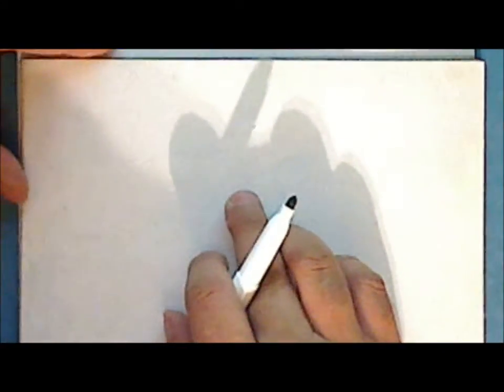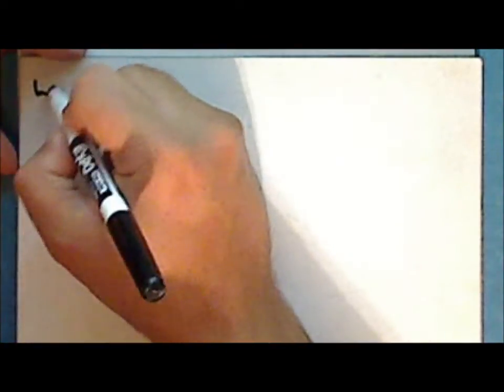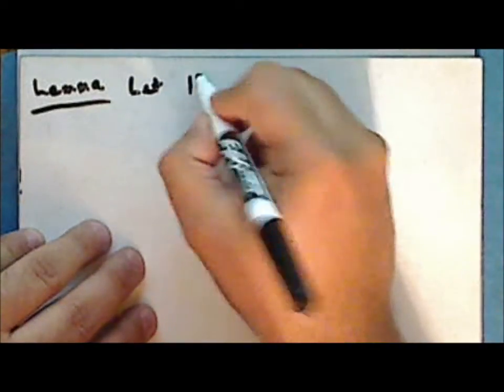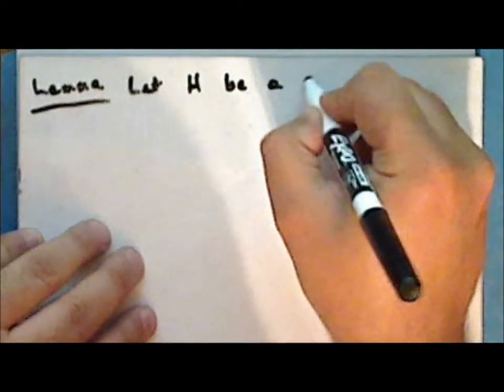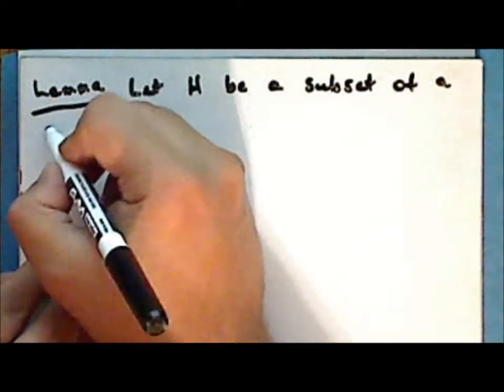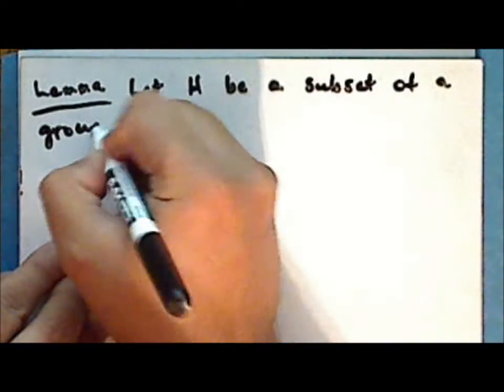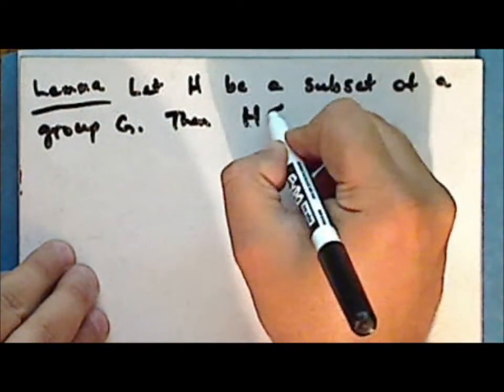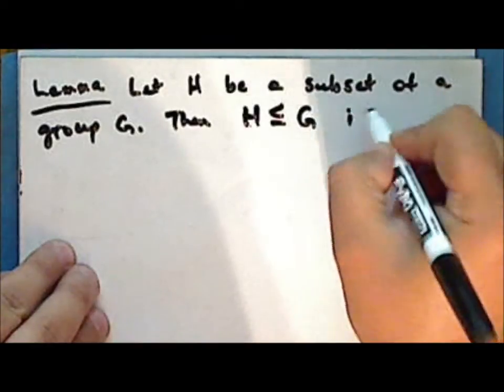Okay, so we will prove a lemma. Let H be a subset of a group G, then H is a subgroup of G if and only if the following conditions hold.